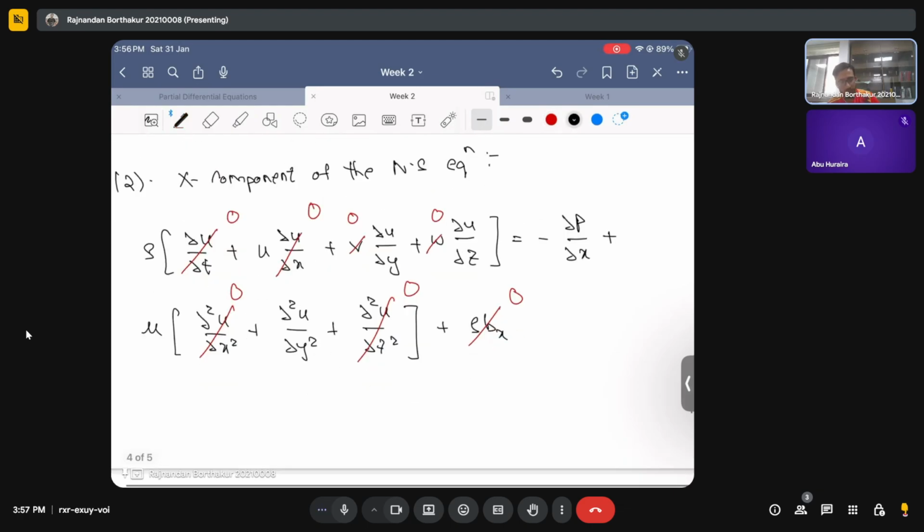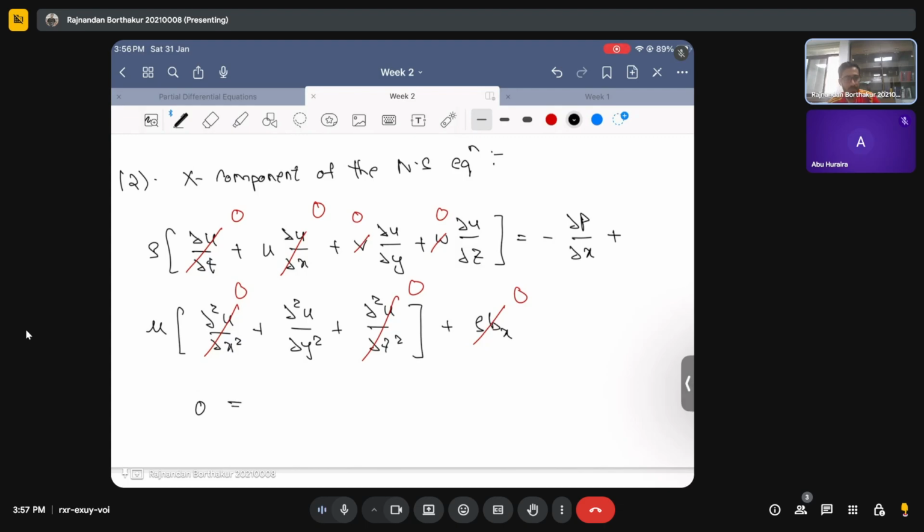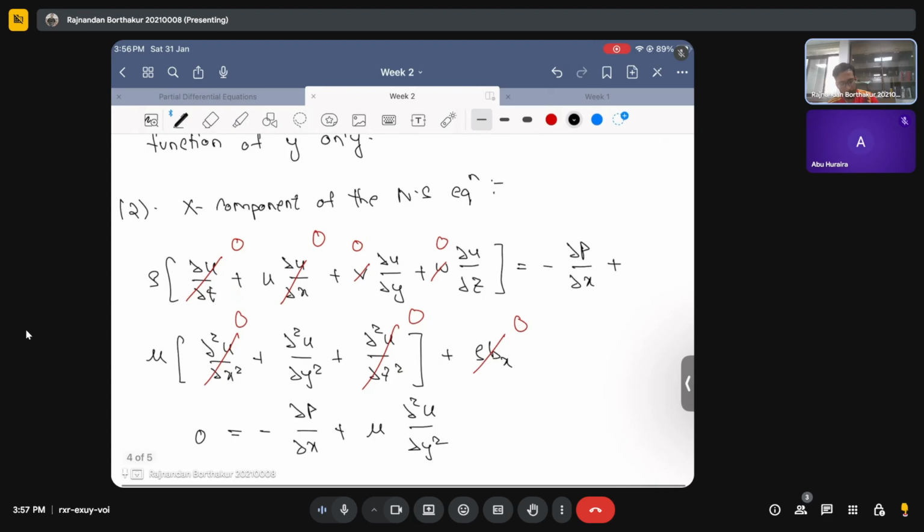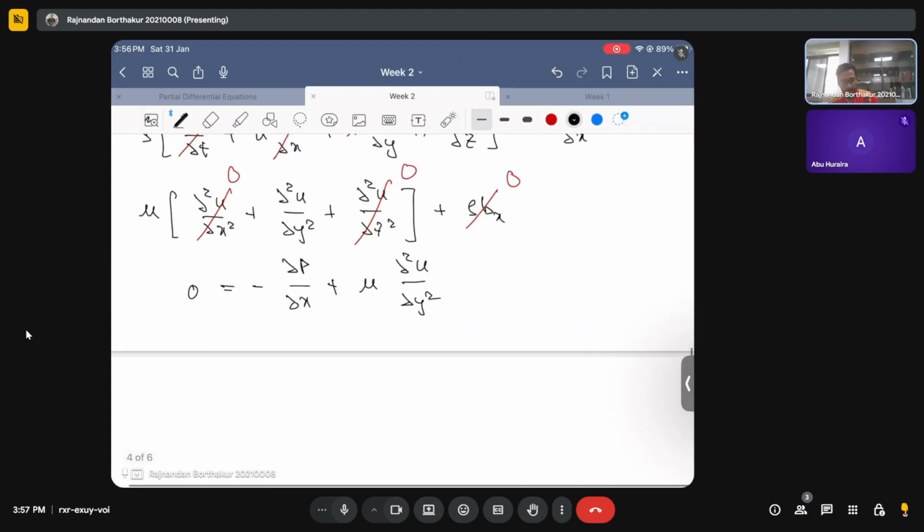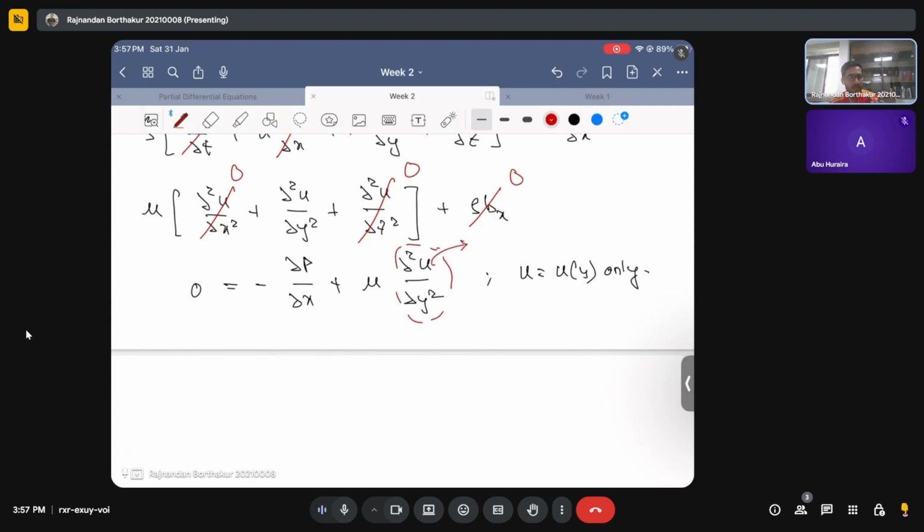So what we get after invoking all the assumptions is that the left hand side is 0, and the right hand side is minus del p by del x plus mu times del squared u by del y squared. That's it. But I hope you can realize that from the continuity equation, u is just a function of y only, which means that this partial derivative, del squared u by del y squared, will simply be an ordinary derivative now, because I have just one independent variable on which u depends.